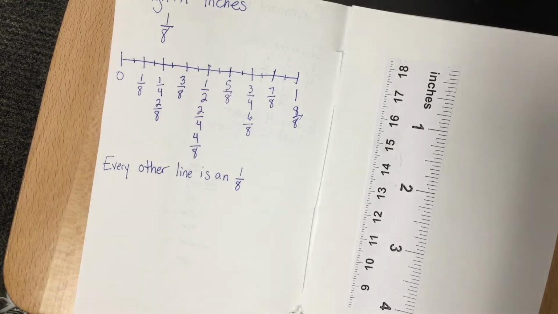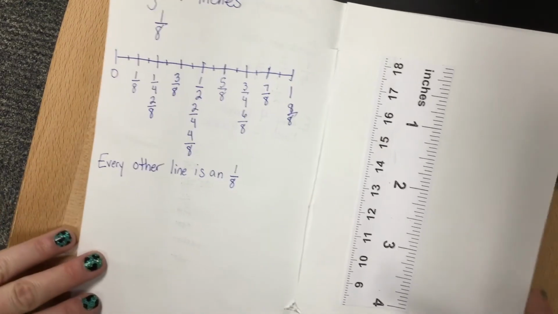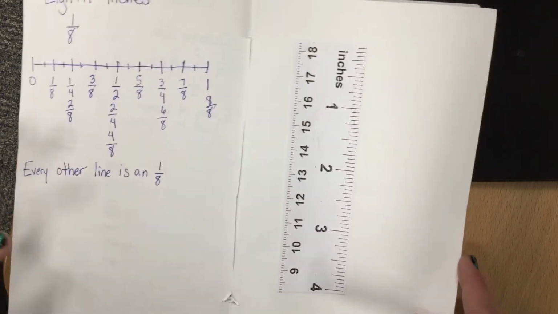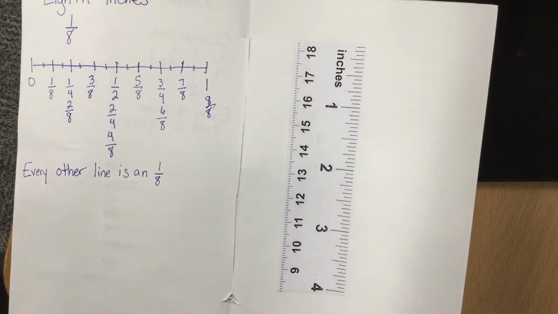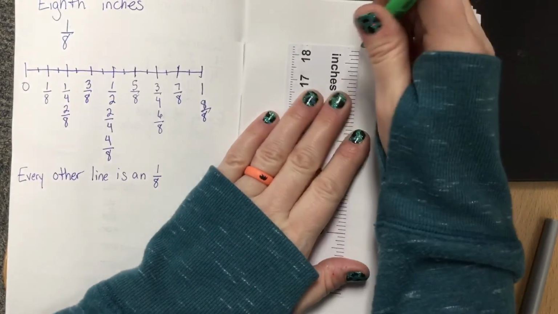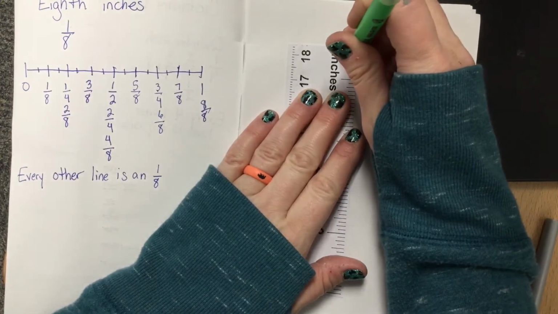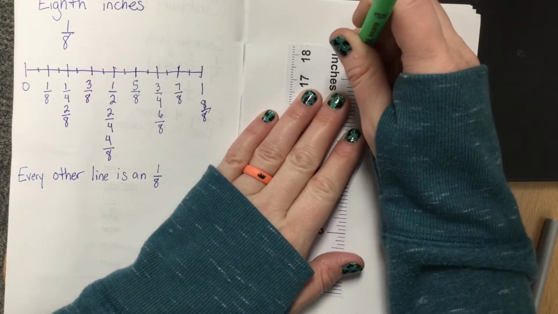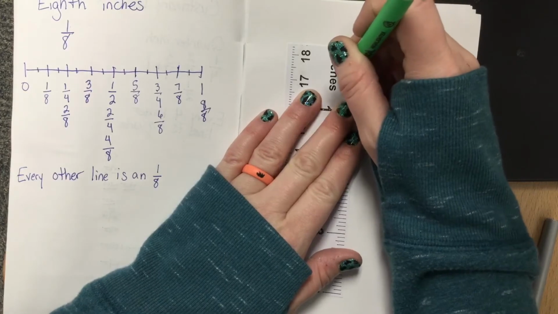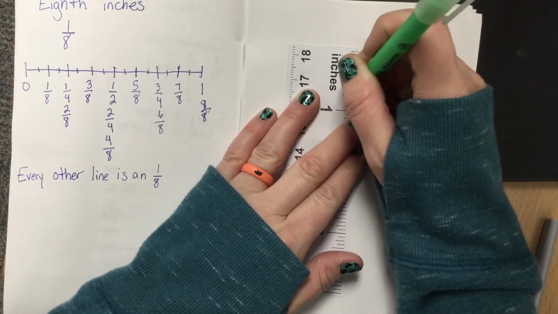So over here on our ruler, we're going to mark our 1/8 lines with our highlighter. Now when you do this, they're even smaller, so don't get all sloppy with your highlighter because you might highlight your 1/16 of an inch.